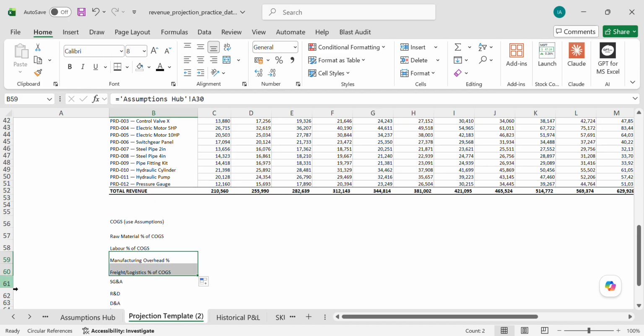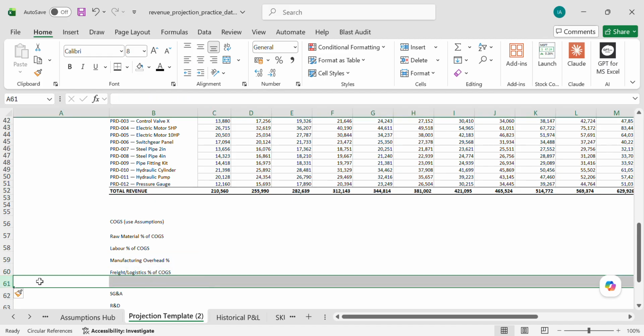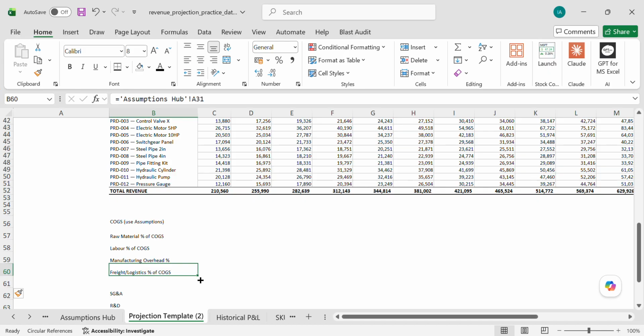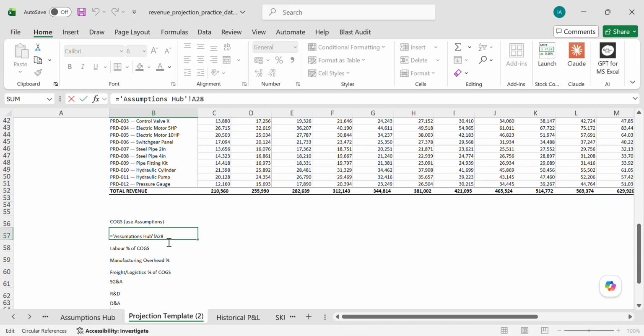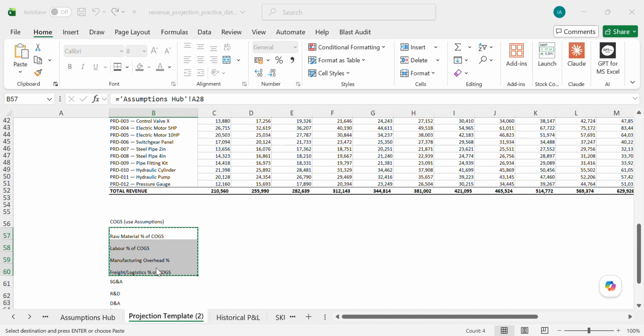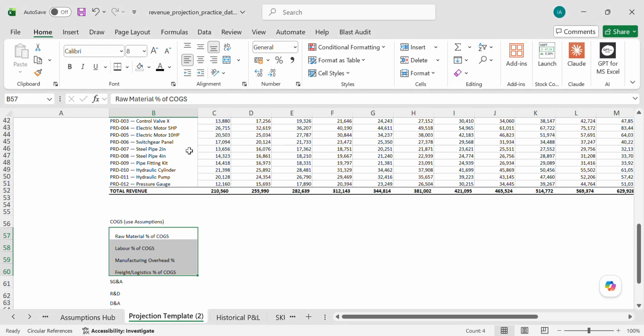Freight cost is there too. What else? So no, don't need this one. So now these are the things that make up our COGS.